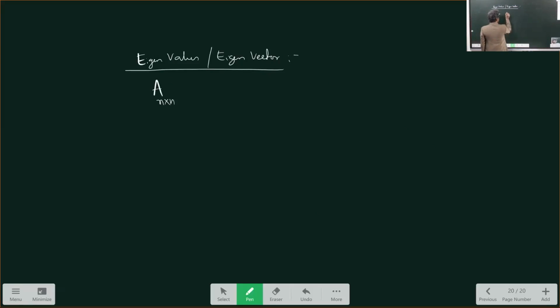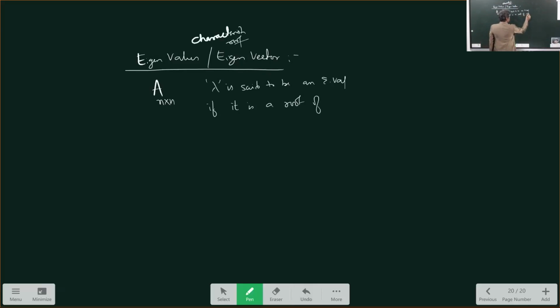So we define lambda is said to be an eigenvalue, also called characteristic root, if it is a root of the characteristic equation given by determinant of A minus lambda I equal to 0.